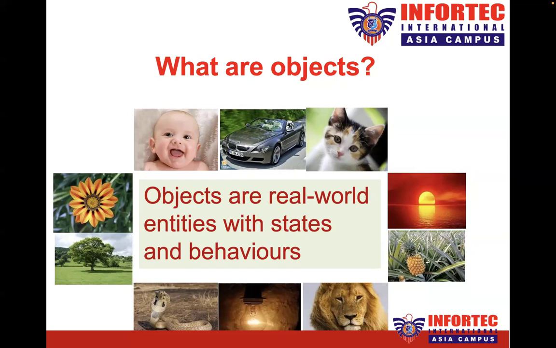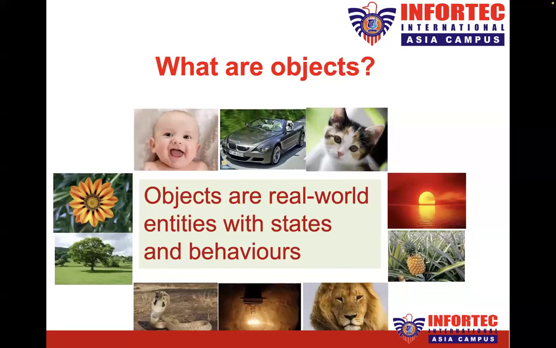You are developing software to detect cats, so you have to take a cat as the object. You are developing software to check the sunset time, so you have to take the sunset as the program object.